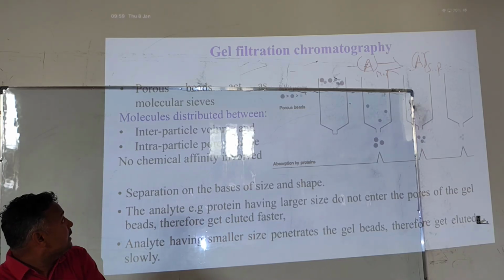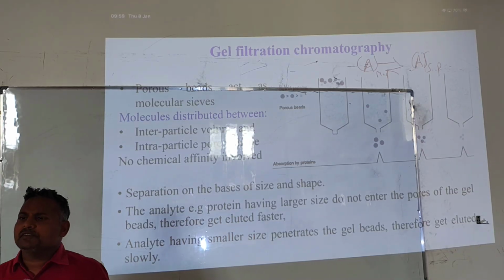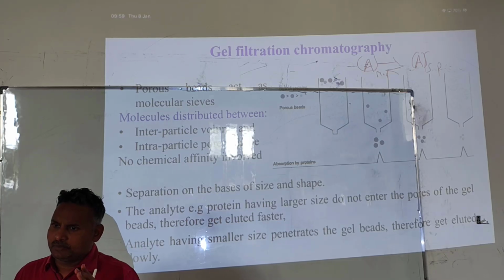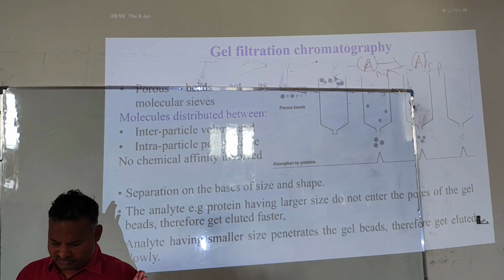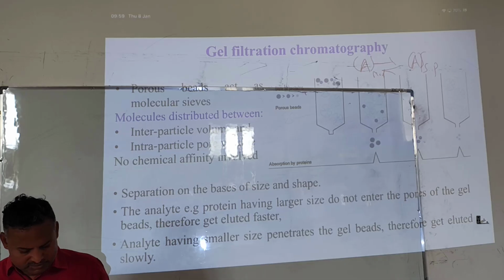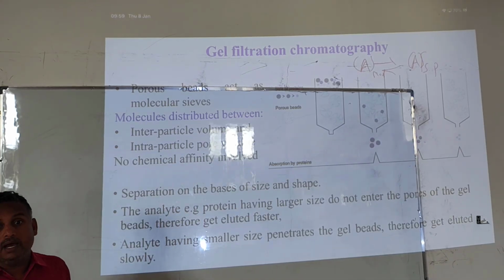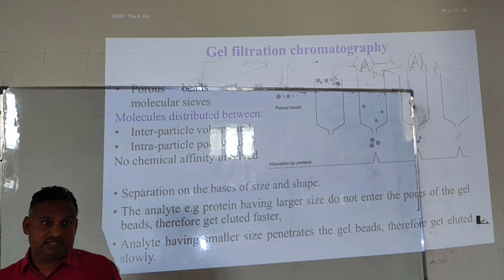So no chemical affinity is involved. No chemical affinity means no interactions like hydrogen bonding, electrostatic interactions, van der Waals forces, or adsorption. There are no such kinds of interactions. Separation is on the basis of size and shape. Shape is also an important parameter here.